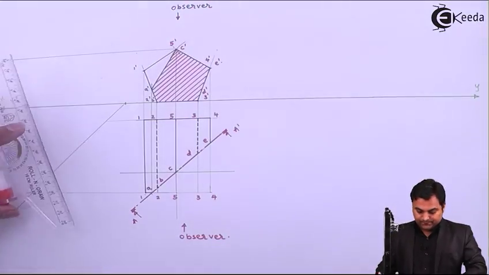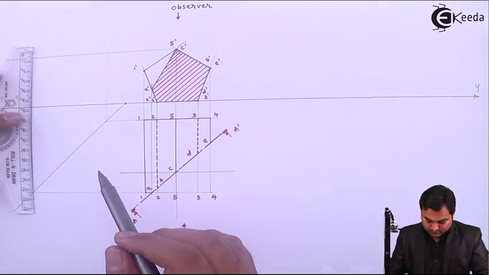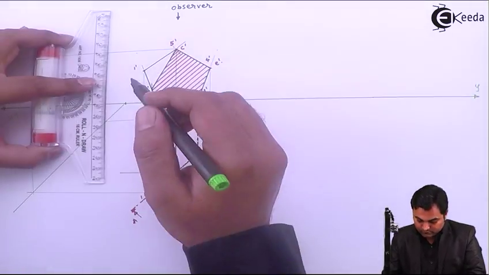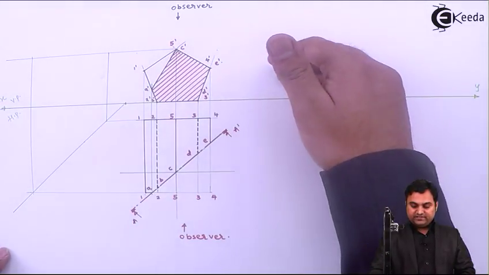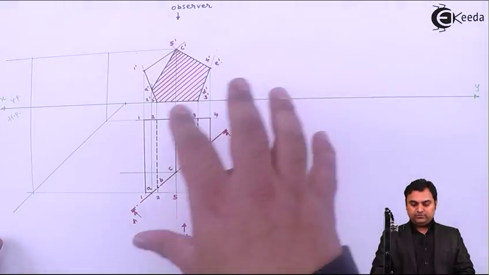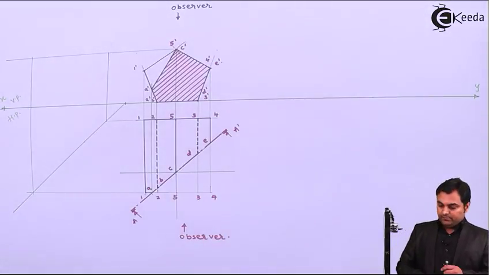Now so here is that pentagonal prism in the side view. We would be looking on right hand side, drawing it on left hand side, so that is the right hand side view by first angle method of projection.